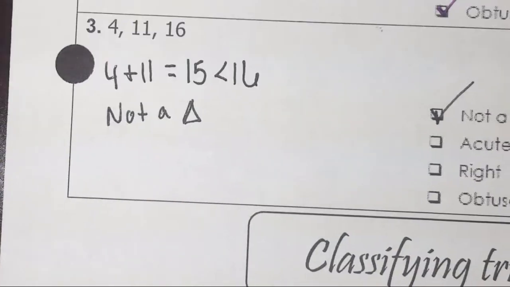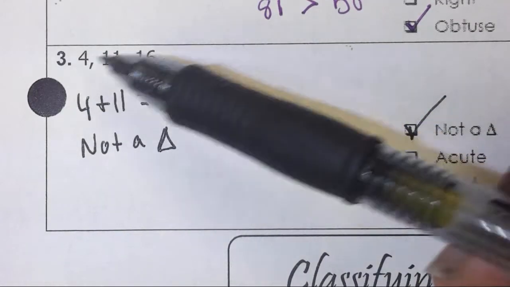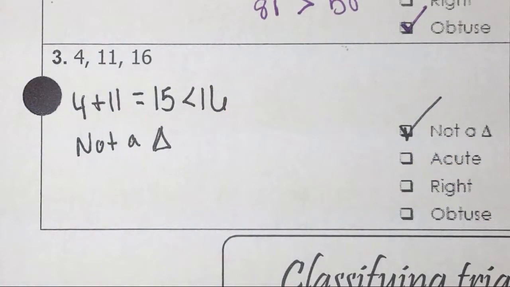What's up? Take the two smallest numbers. That's the two smallest sides of your triangle. Add them together. If they less than the bigger side, then you don't have a triangle. Two smaller sides of your triangle have to add together and be greater than the bigger side. Can't be less than or equal.